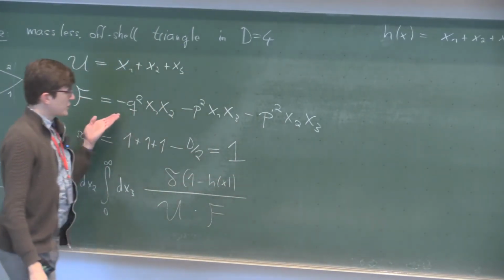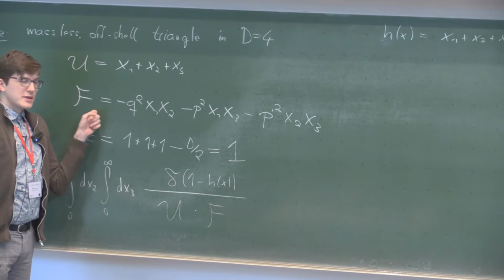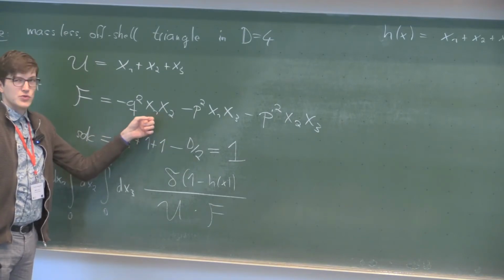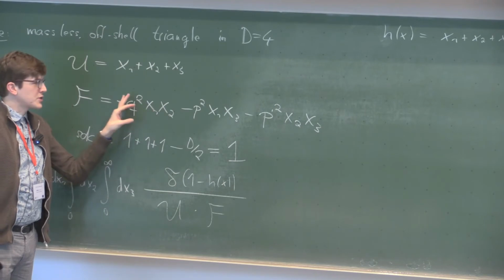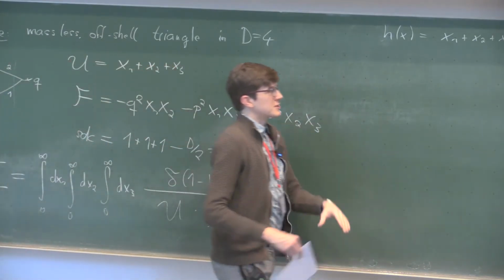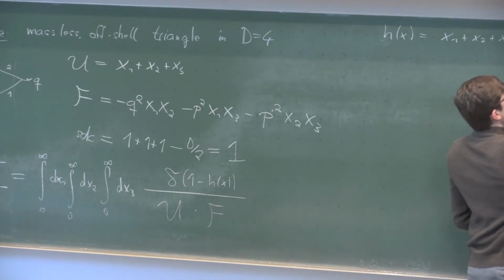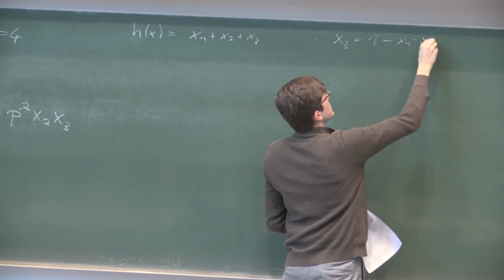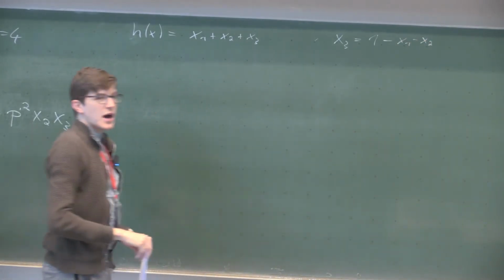The downside is, well, what happens to the F polynomial? In the beginning, the F polynomial has a special property that it's linear in the individual x's. I mean, it's quadratic overall, but there's no x1 squared. So as a function of x1 only, it's a linear function. Now, if you do the substitution, so say you replace x3 by 1 minus x1 minus x2, then this is gone.